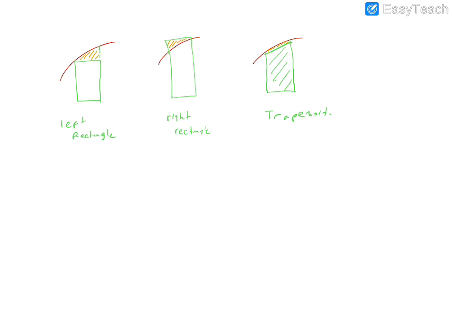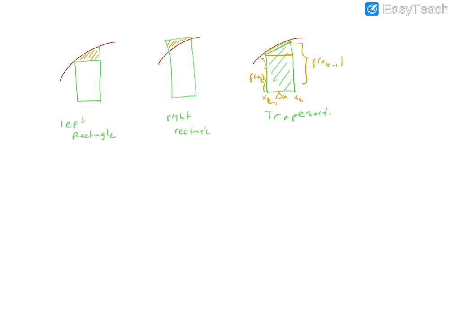By using the area of this trapezoid, we can calculate. This is delta x, this length is f of x_{k-1}, this length is f of x_k.